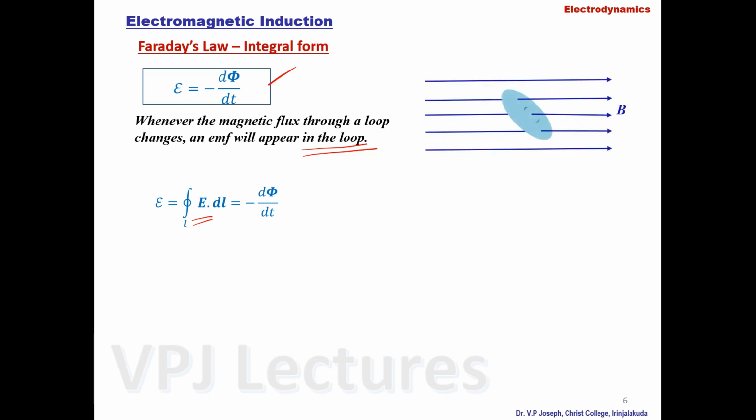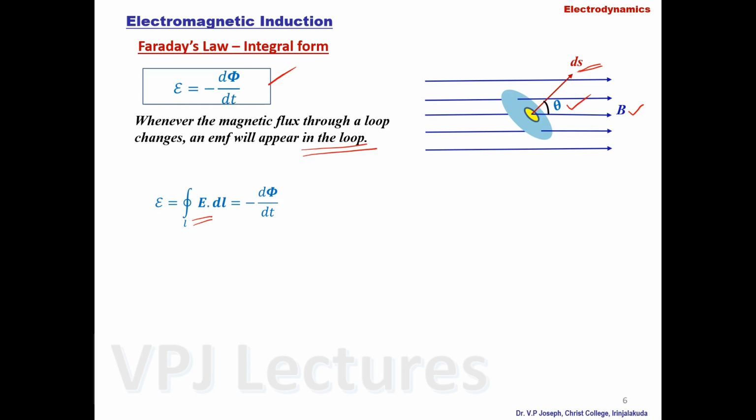And let us consider a magnetic field B here, and any area here. This is an area making an angle theta with the direction of the magnetic field B. Suppose ds represents a small area, with ds perpendicular to the area.